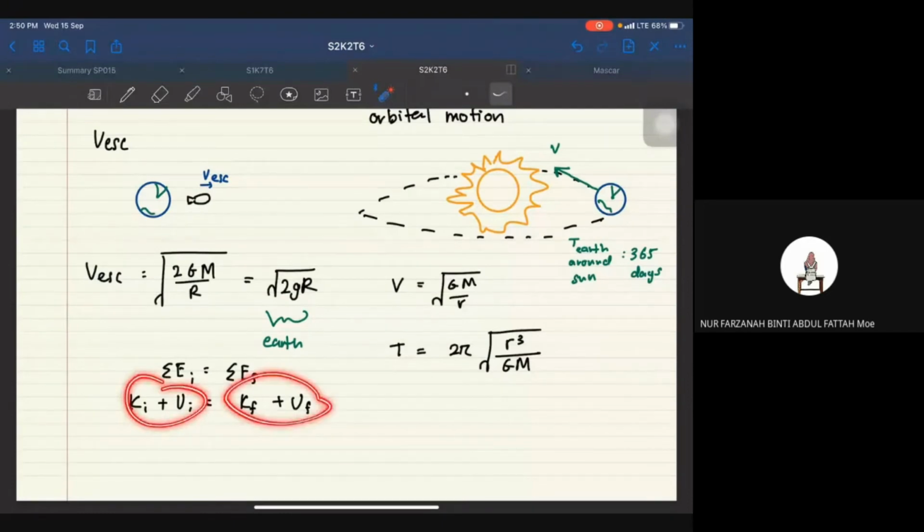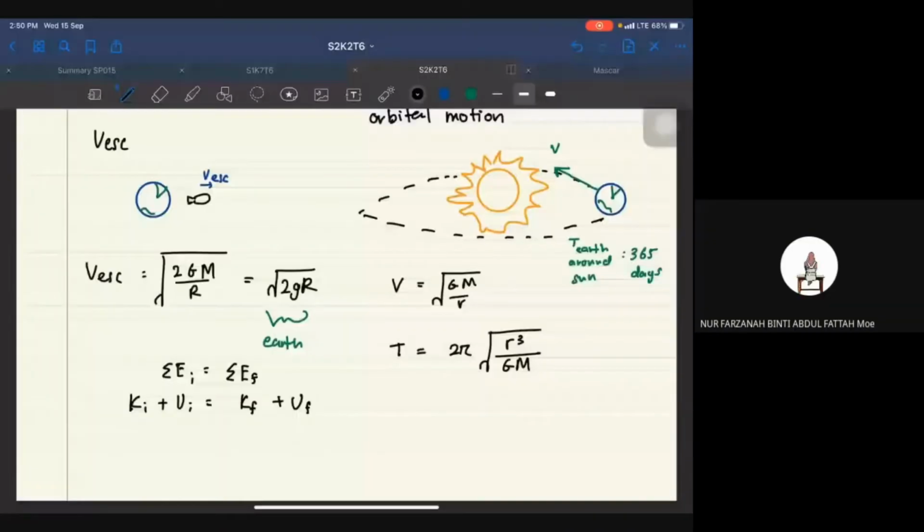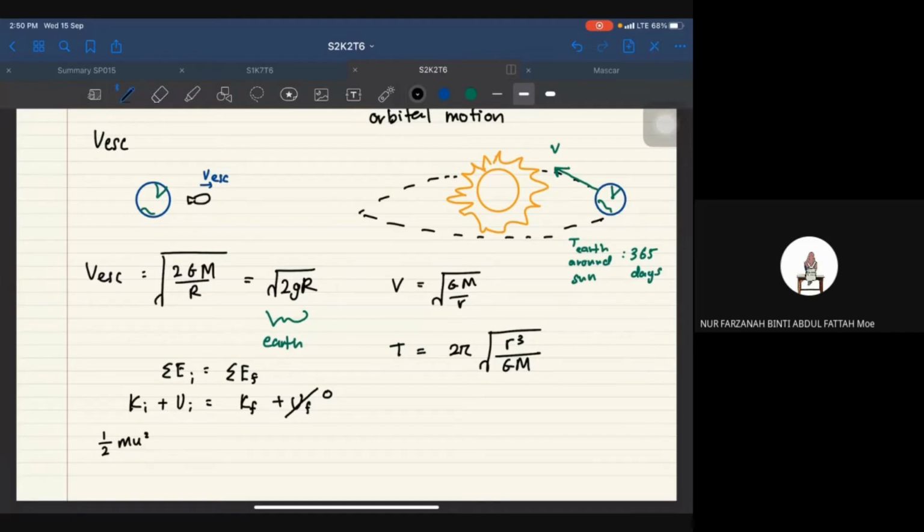Okay, now when you try to escape the gravitational pull, basically you want to escape any effects on the gravity. So this one you want it to be 0. Okay, so if this one is 0, then you have half mu square plus Ui equals to half mv square. Okay, katakanlah dia nak kata for minimum.